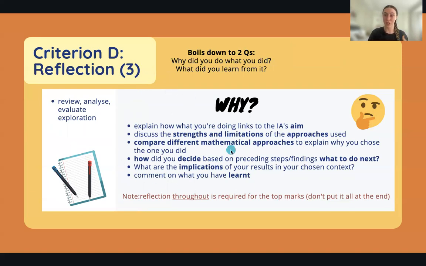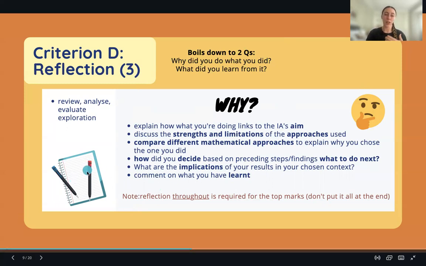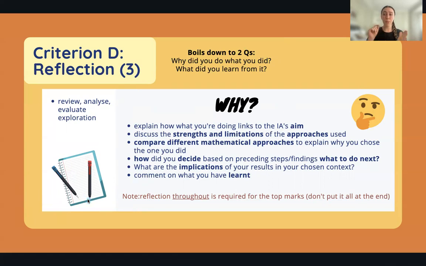Basically answer all of these questions as you're doing things. Again, it's showing your reflections and almost your mental journey throughout the IA. And I put a little notebook here because I think it's quite a good idea to keep either a physical notebook or just a Word document which has these kinds of reflections.